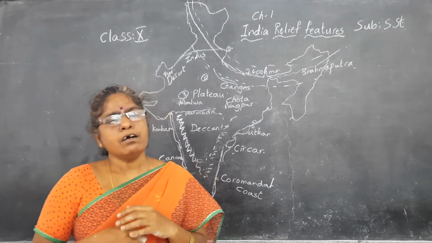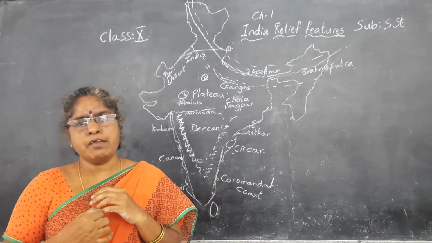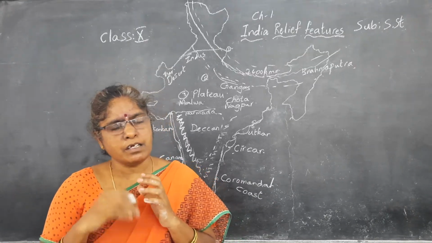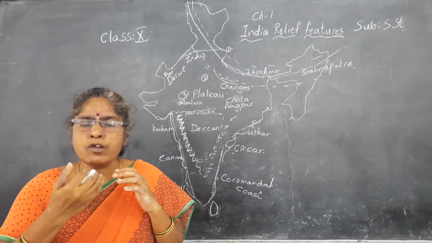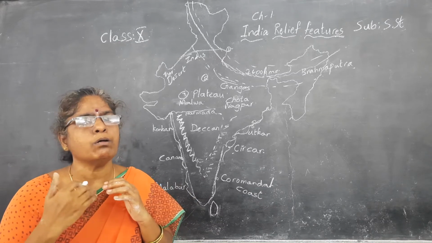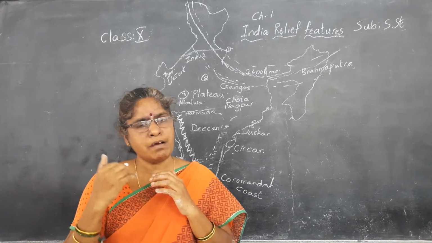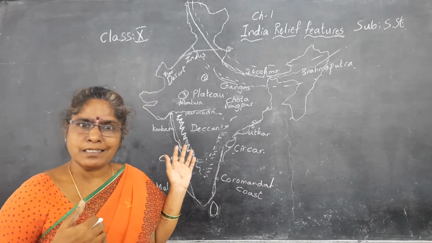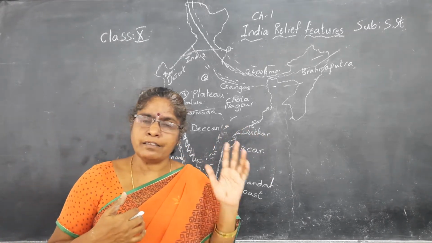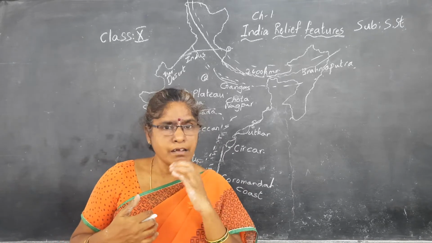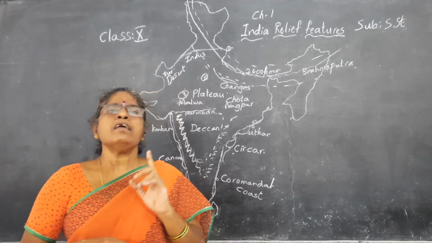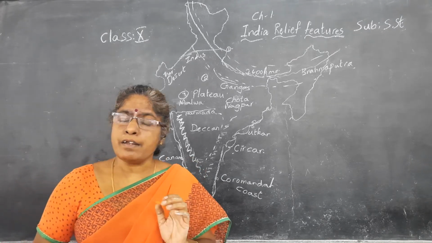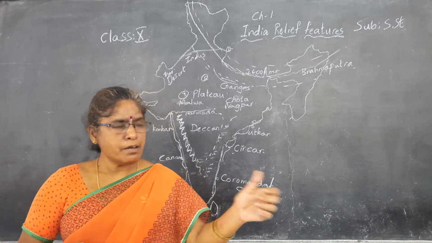It has very little rainfall, 100 to 150 centimeters per year, which is below normal rainfall. So we won't have any proper vegetation in the Thar Desert because of this low rainfall. Here only one river flows, the river Luni.